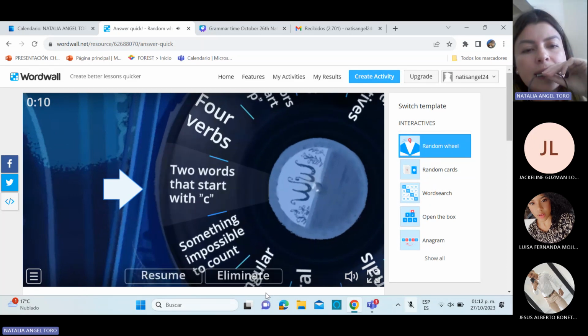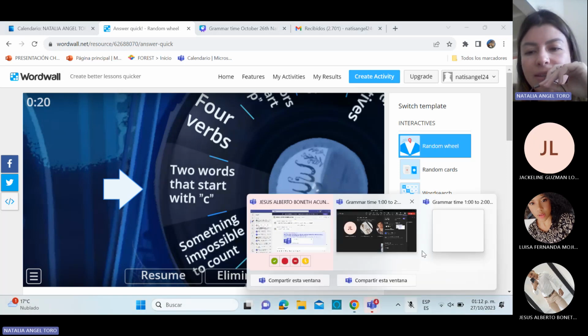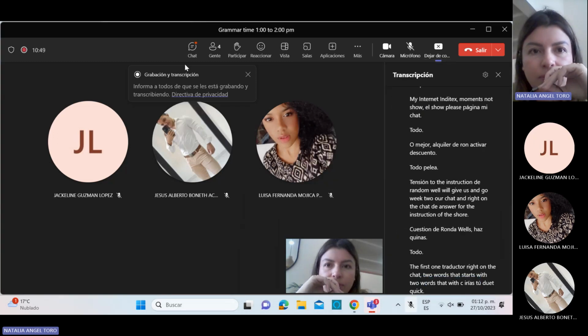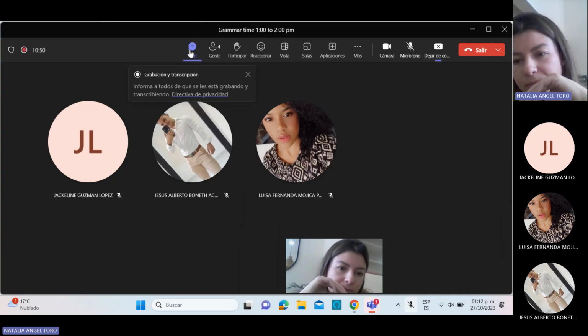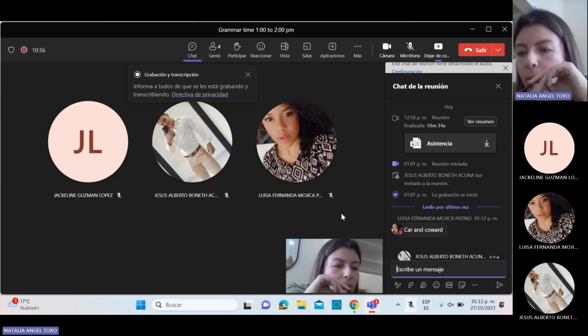The first one says that we have to write on the chat two words that start with C. Two words that start with C. The idea is to do it quickly. Visa, car, and coward. Very good.